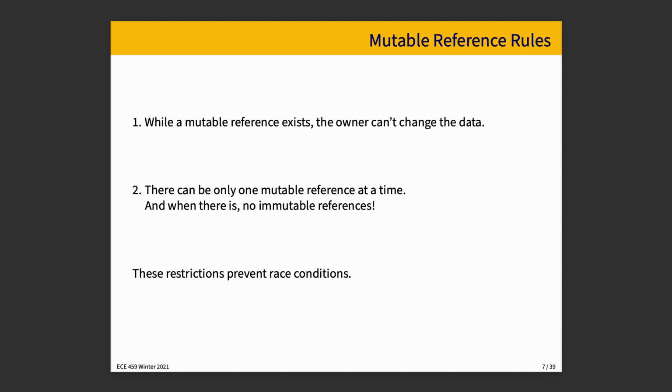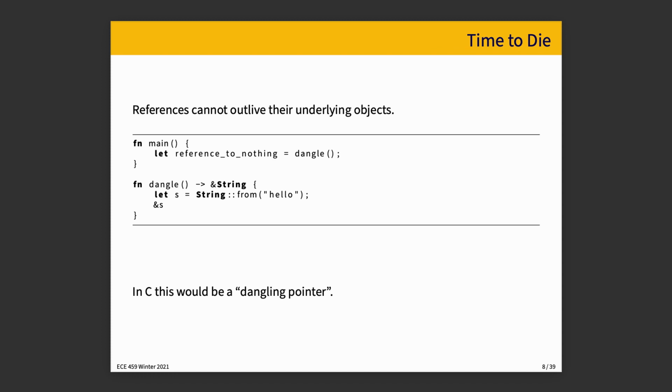And of course, the compiler's borrow checker will see to it that you follow these rules, even if it seems kind of painful. And as long as there are no mutable references, you can have arbitrarily many immutable references all at the same time, because as you will know, reads don't interfere with reads, so there's no possible race condition.